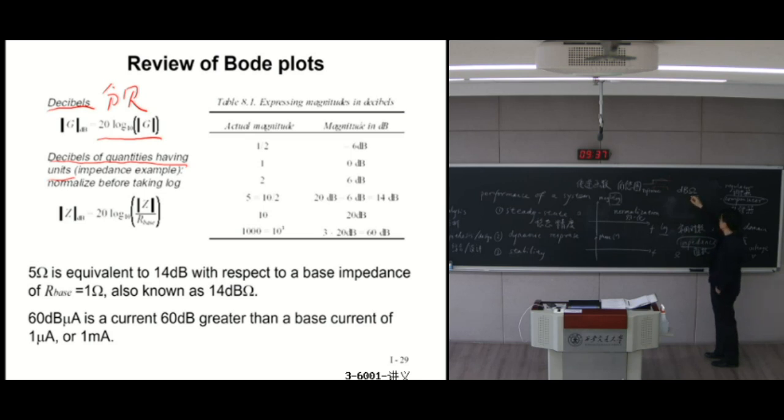And if we're talking about dB ohm, that means we're using 1 ohm as the base impedance. So first, comparing to the 1 ohm base impedance, taking the common logarithm and then multiplying by 20, that's how many dB ohm this quantity has.